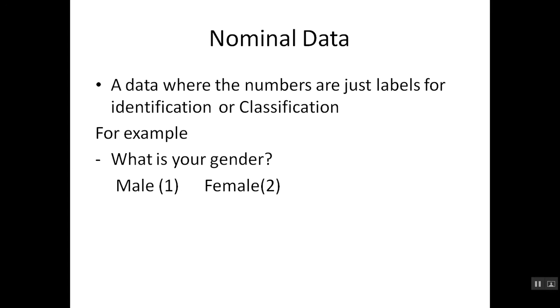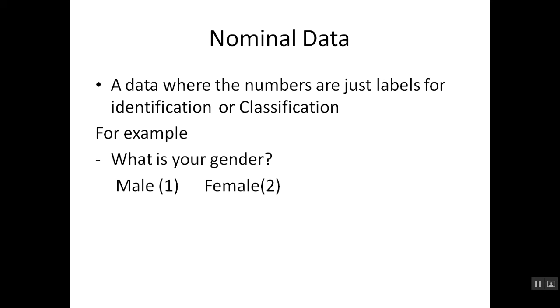Nominal data is data where the numbers are just labels for identification or classification. For example, what is your gender? Male or female? 1 stands for male, 2 stands for female. Now, here 1 and 2 are not numbers. This 1 is just a symbol representing male, and 2 is a symbol representing female.